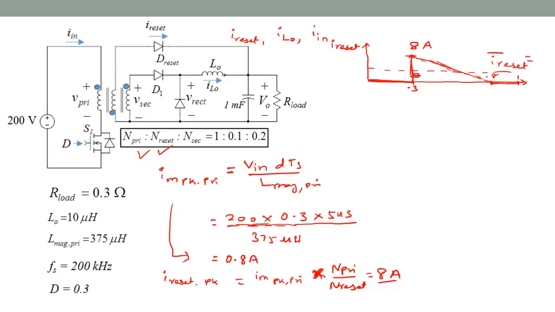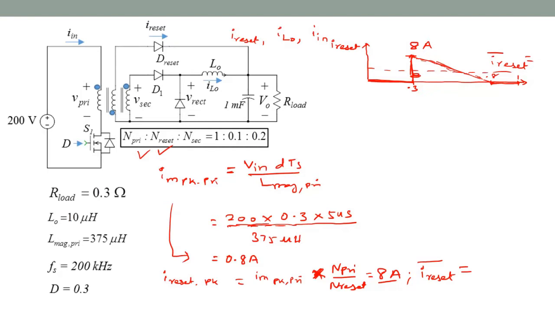Then I also need the I reset average. Okay, I'm just looking where to write this. You can go ahead and write it here. So I reset average, cycle by cycle average, would be basically the area of this triangle divided by the total duration, which is actually just 1.